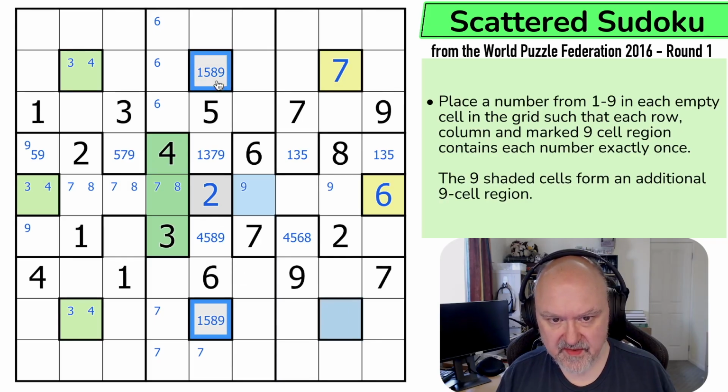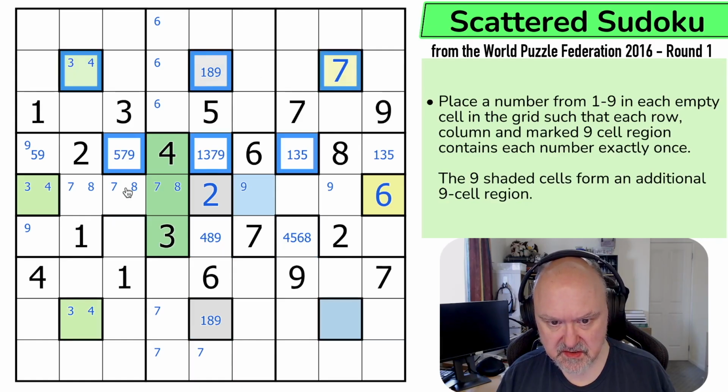There's no 5 in them, sorry. They're 1, 8, 9. There's no 5 here either. But I've got to remember that these 3 digits are these 3 digits, and these 3 digits are these 3 digits.